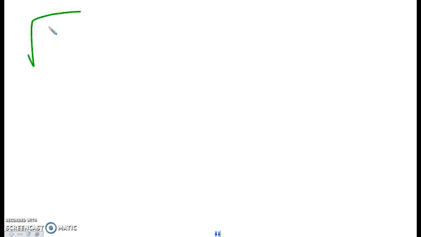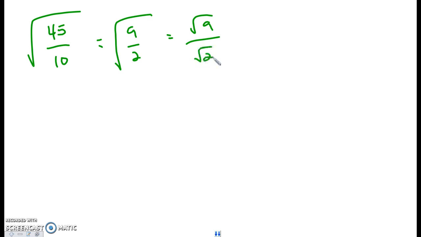So let's say we have radical 45 over 10. And go ahead and simplify that and see if we can come up with the rationalized denominator on your own. Good, we're going to simplify it to radical 9 over 2, which I can break into radical 9 over radical 2.